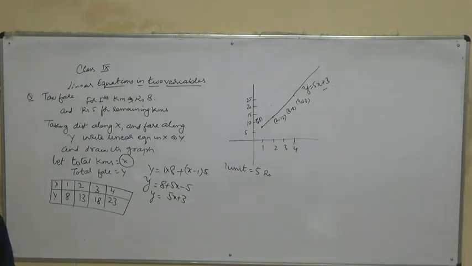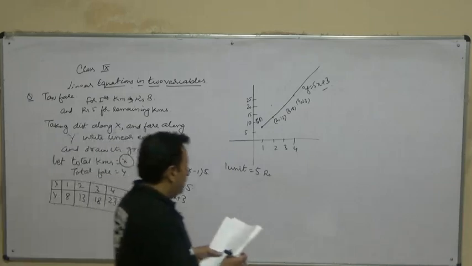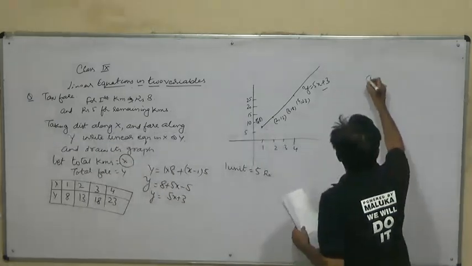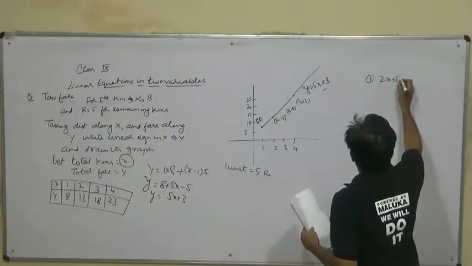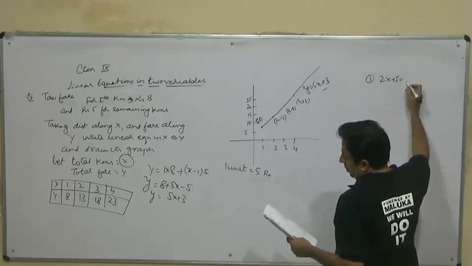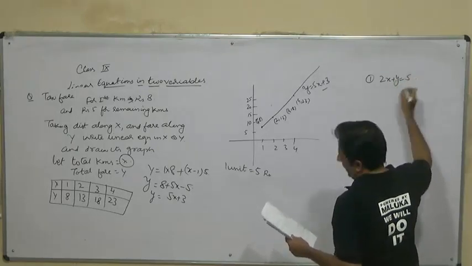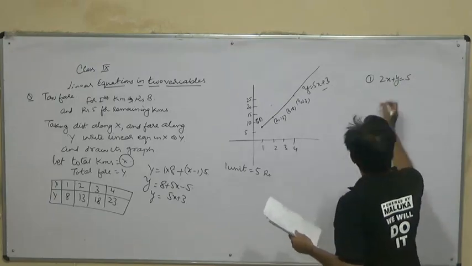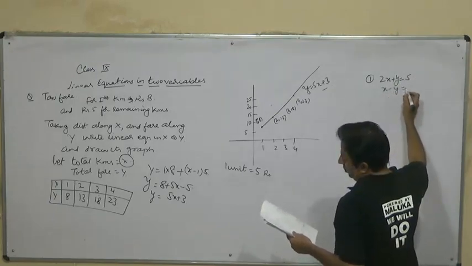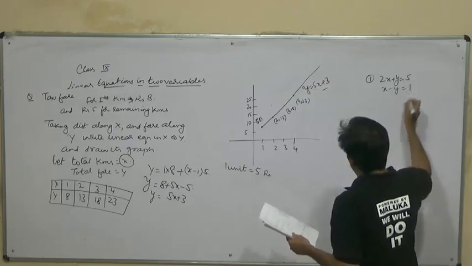The next is the graph of lines represented by the equation. So now we have to draw the graph for two equations. First equation is 2x plus y is equal to 5, x minus y is equal to 1.